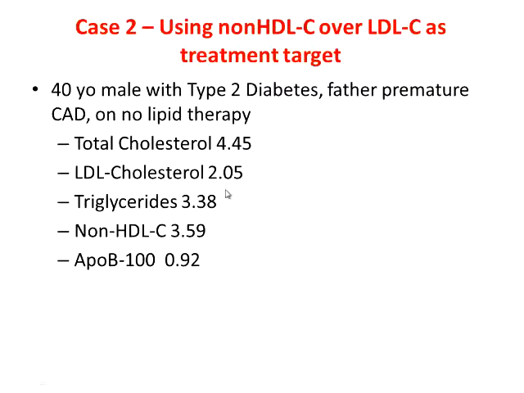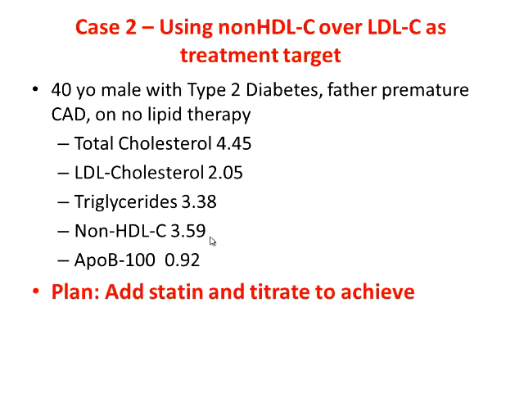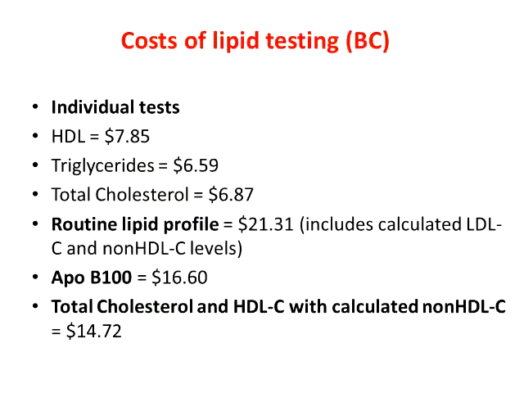But again, trigs are high, and his non-HDL cholesterol is high, and so is his ApoB above high-risk target. So again, the recommendation is to treat him with a statin and achieve either the non-HDL less than 2.6, if that's your chosen target, or ApoB less than 0.8. So we've started him on a statin, and we would titrate him to achieve a non-HDL less than 2.6.